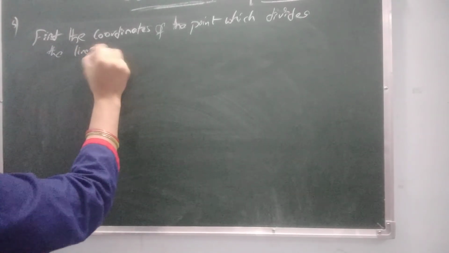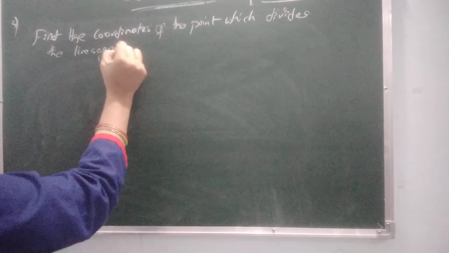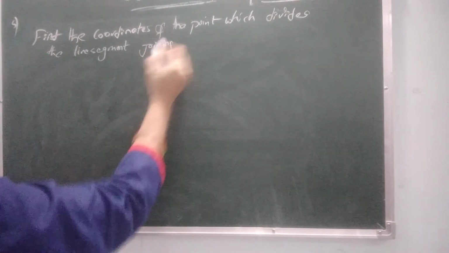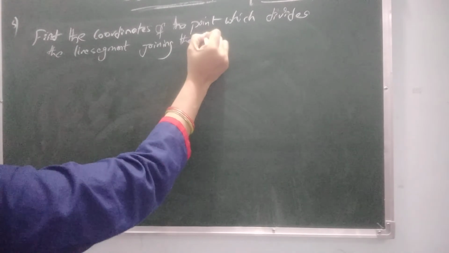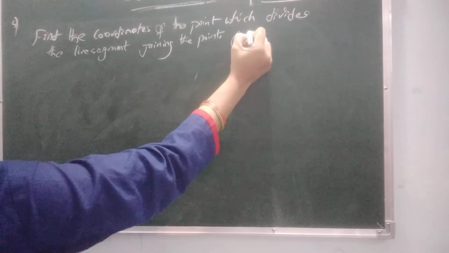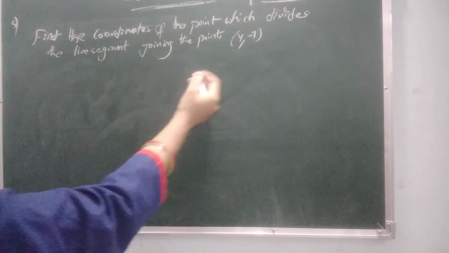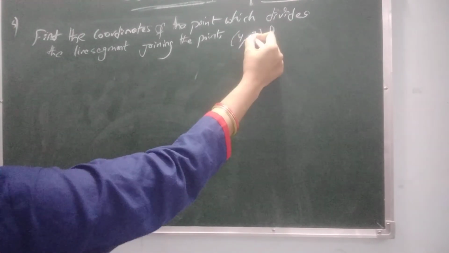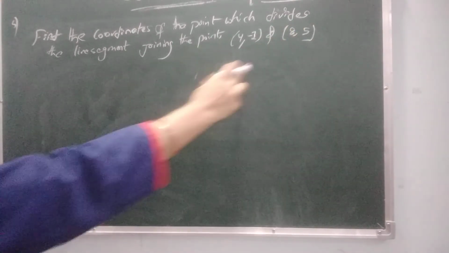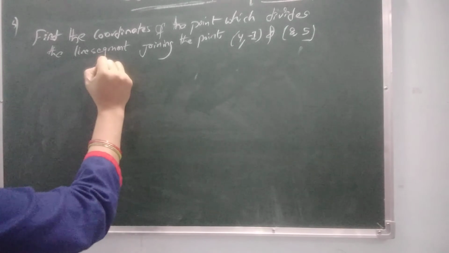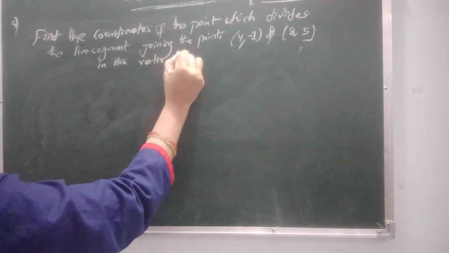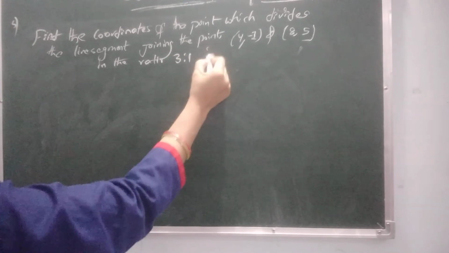Divides the line segment joining the points (4, -3) and (8, 5) in the ratio 3:1 internally.